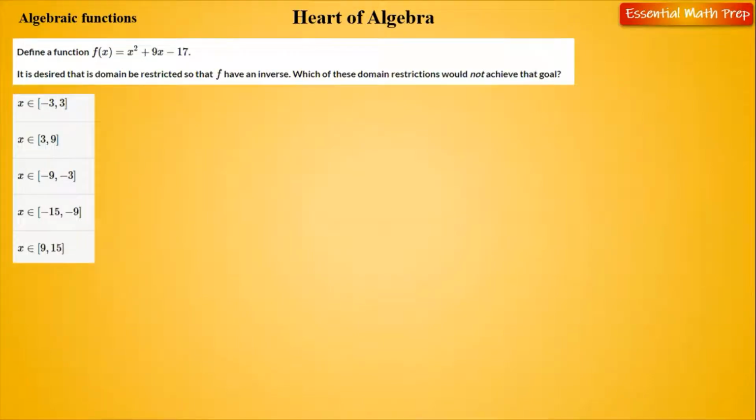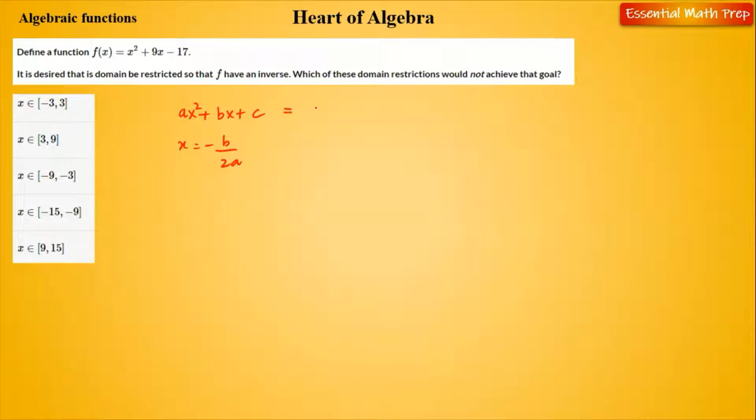Okay. You're asked to determine for what values of x f inverse of x does not exist. Okay, if you take the parabolic expression ax squared plus bx plus c, then x would be equal to negative b over 2a.